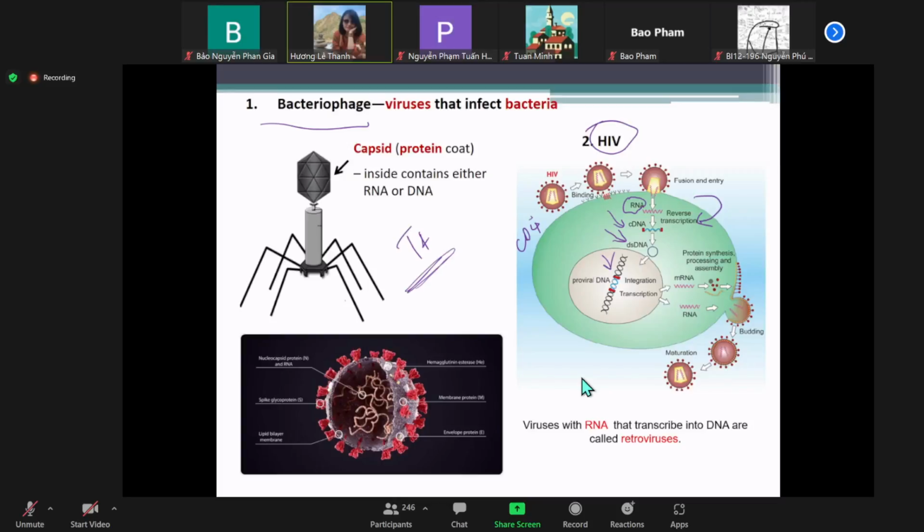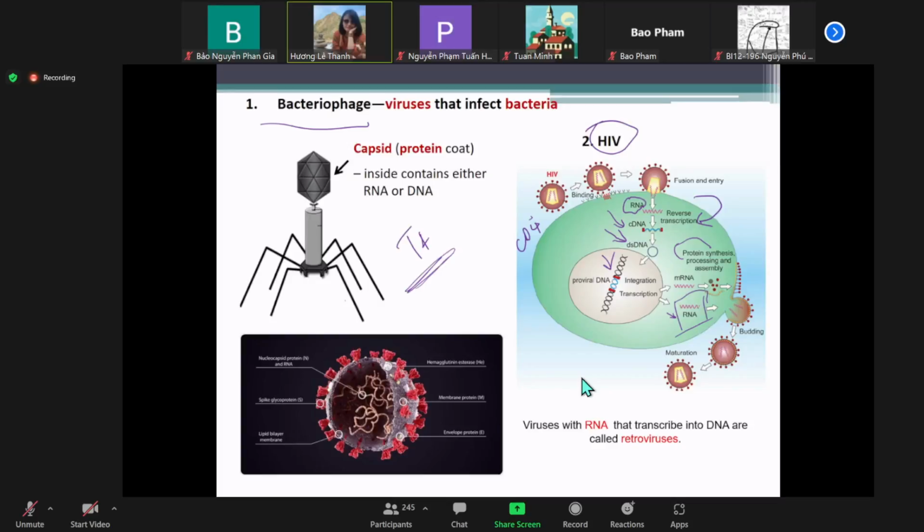So in some cases, this DNA containing the genes from the virus can produce the mRNA of the virus, and the mRNA of the virus produces the proteins of the virus, and also the RNA of the virus.